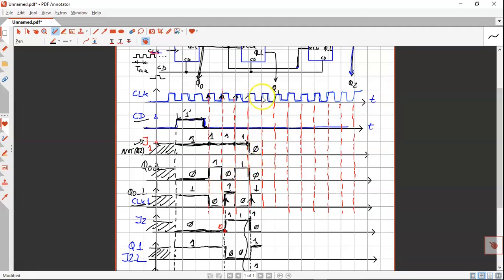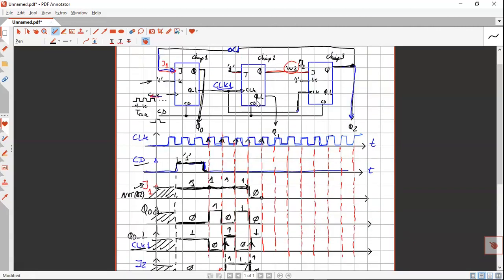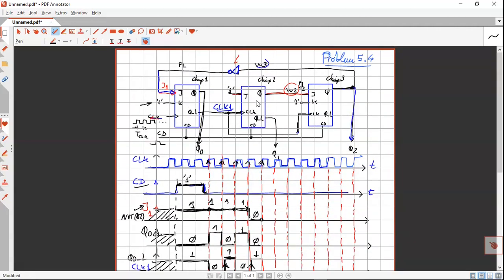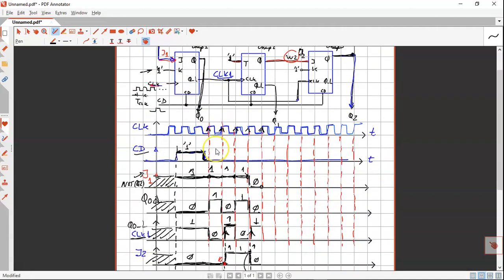And now, you see, the next time that you are sampling this, here, you will sample a 0. All right, look at this. You are sampling a 0 now. And if you are sampling a 0, this is a 0 in the J1, and this is a 1 in the K and a 0 in the J1, so this makes it possible that the Q0 is going to be kept as it was before.